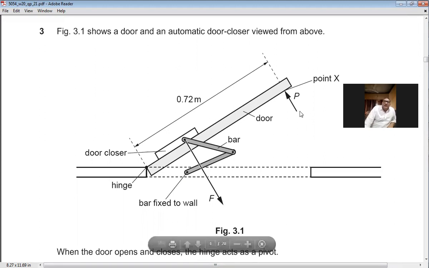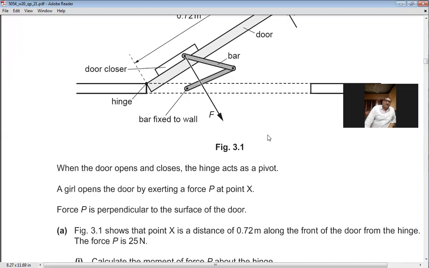The length of the P force is smaller, the vector is shown, so this force is smaller in magnitude. But this F force's perpendicular distance from the pivot is small. So this door will rotate like this. It will open and close.